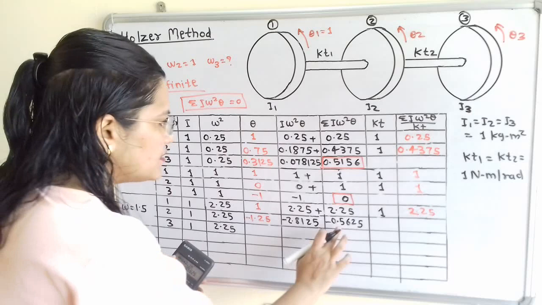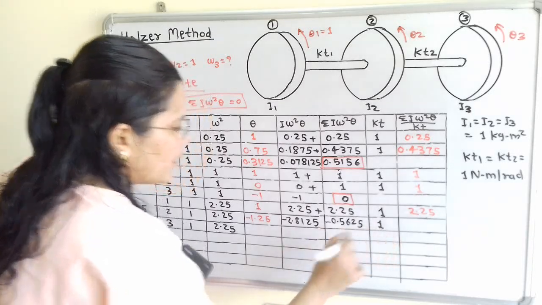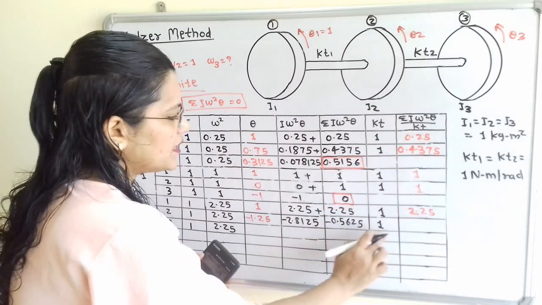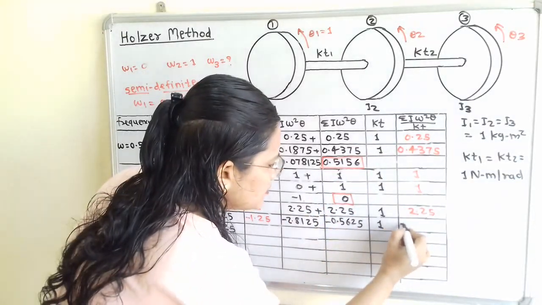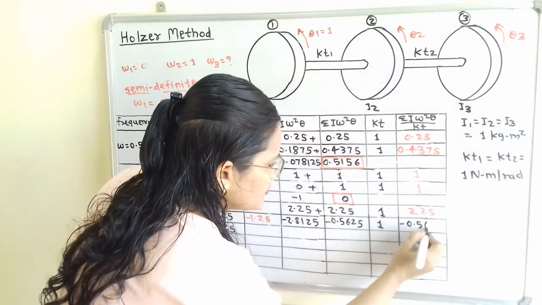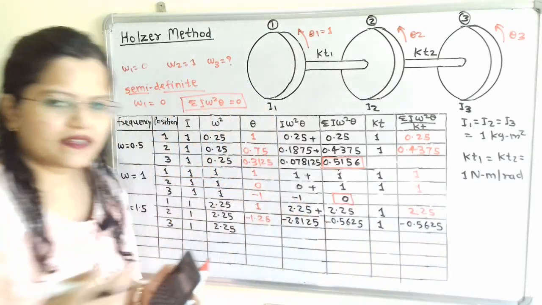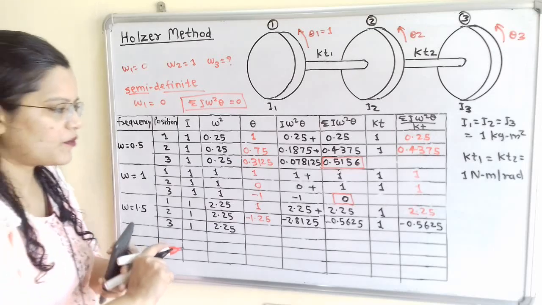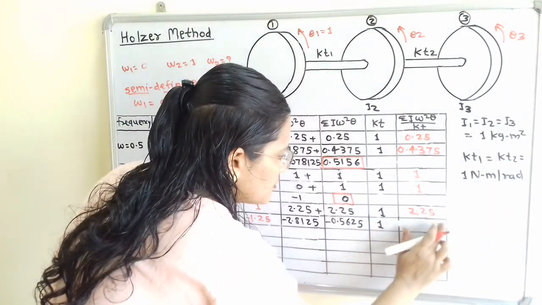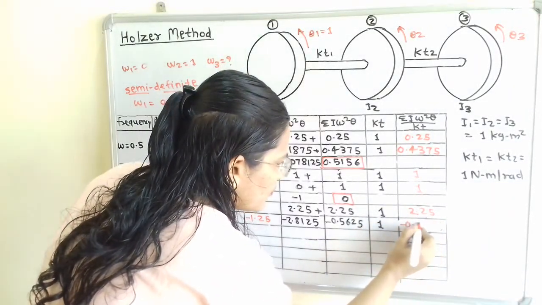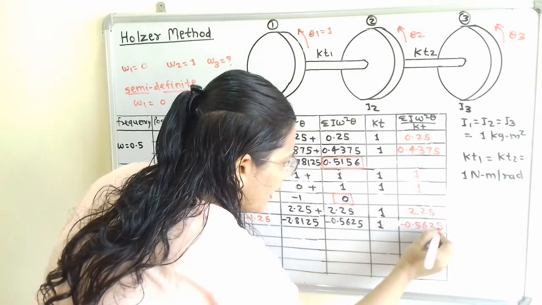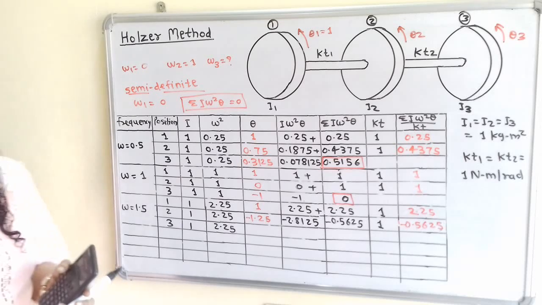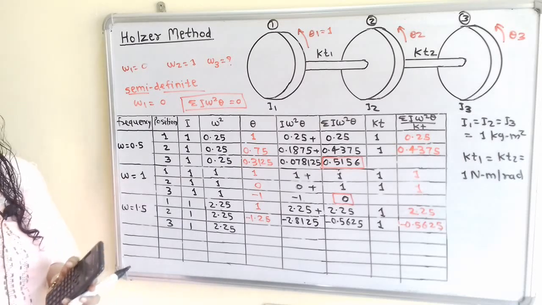So just add this, and then kt is equal to 1, and now the last one is summation of I omega square theta by kt, that is minus 0.5625. So minus sign will remain as it is. So I will write this with the help of red marker, minus 0.5625.